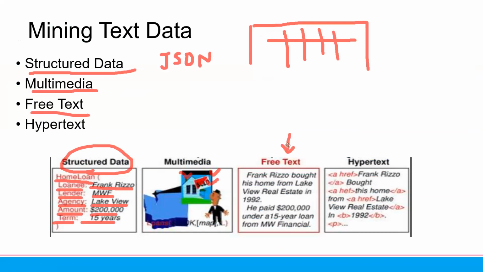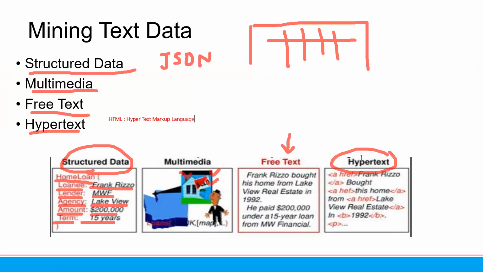Free text means just text like news. Or we have another kind of text, which is hypertext. If you learn the web, we have hypertext, or HTML, which is hypertext markup language. So we can make a website.